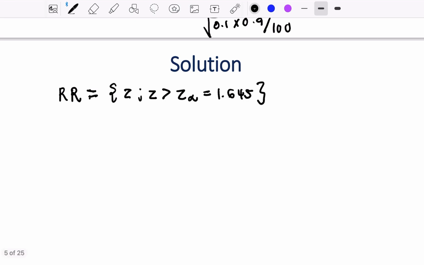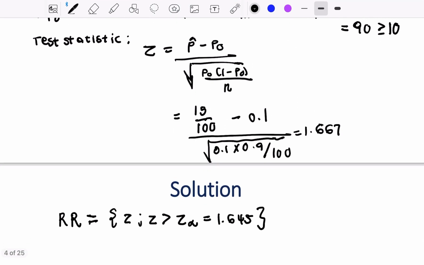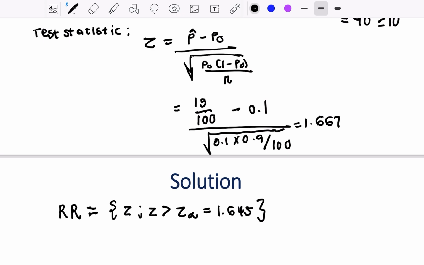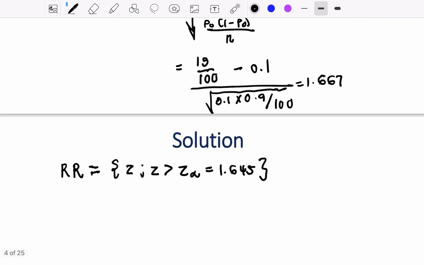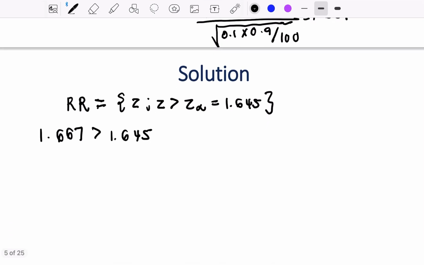Okay, right? So now we go and check so that we can make a decision. We see that our test statistic value is 1.667, and this is definitely greater than 1.645, right? So that means that you reject the null hypothesis, right?